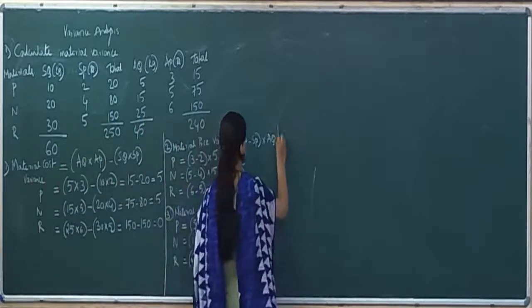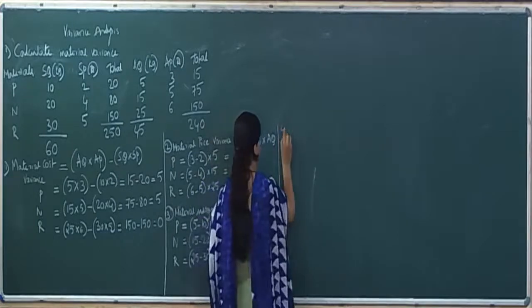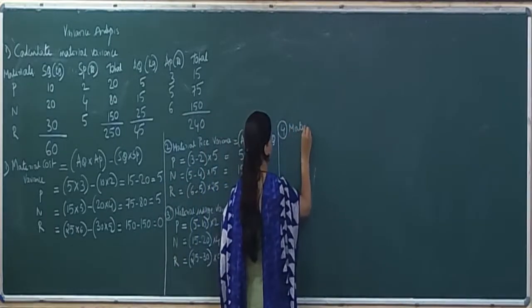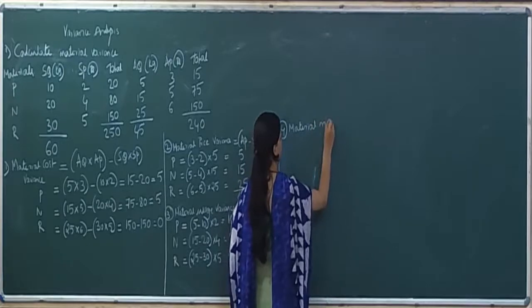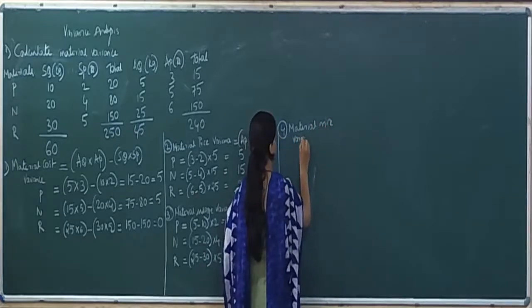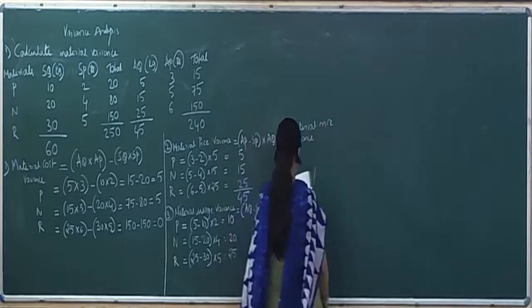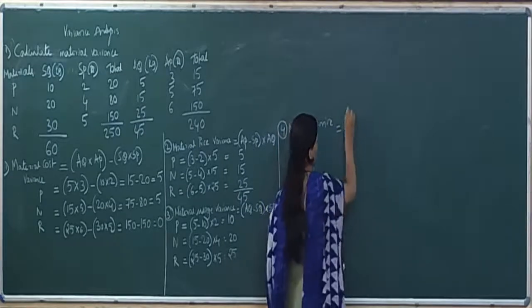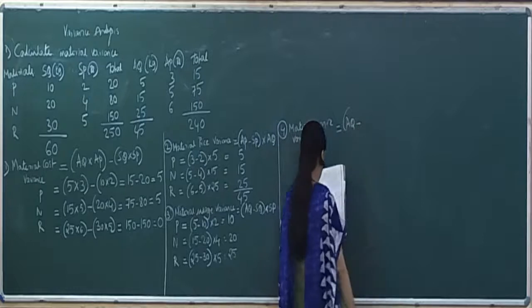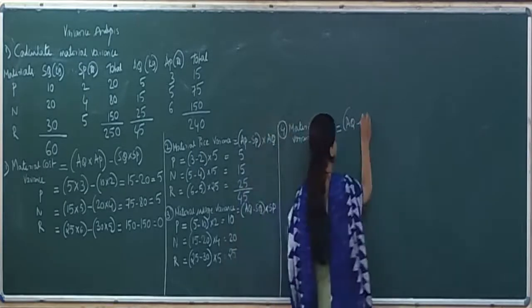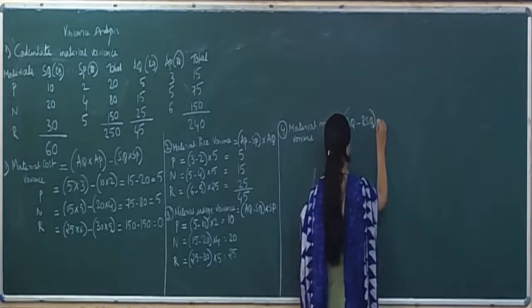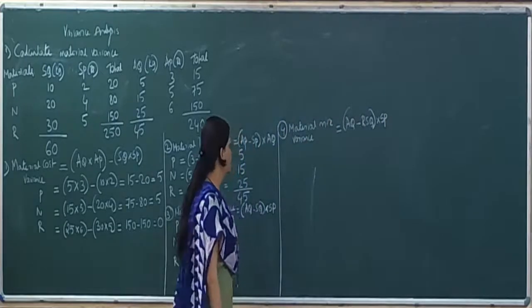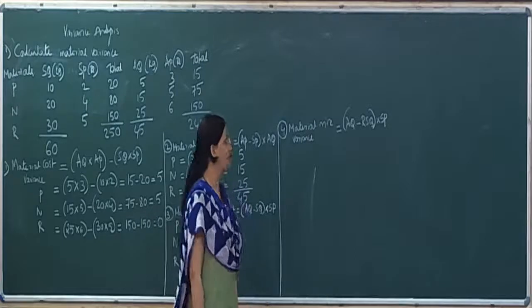Next we have material mix variance. That is actual quantity minus revised standard quantity into standard price.